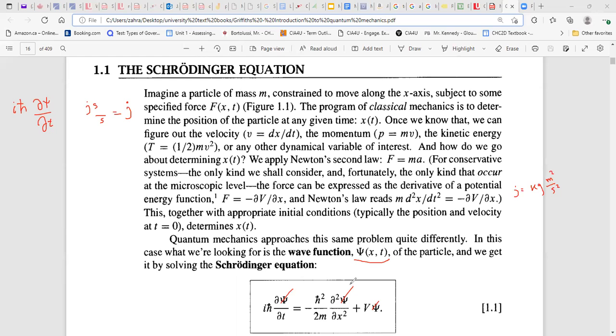So you simplify, and you need to get to the conclusion that the unit for this term is energy. Also, V is energy. So that's cool.